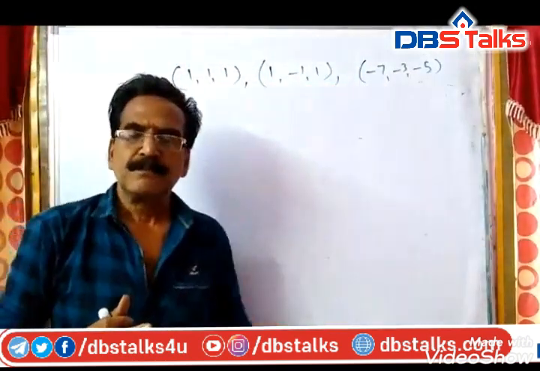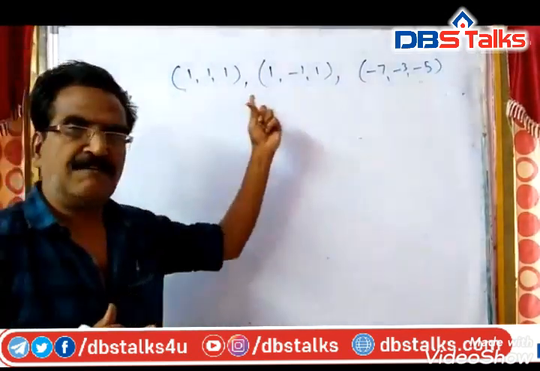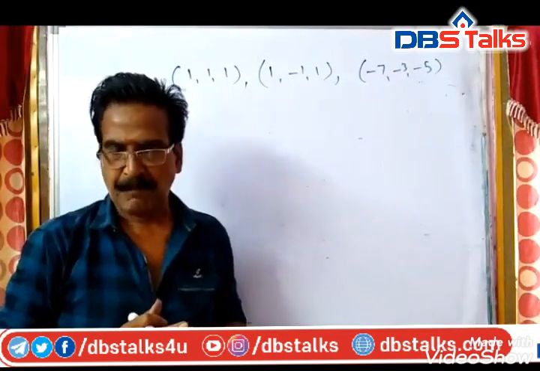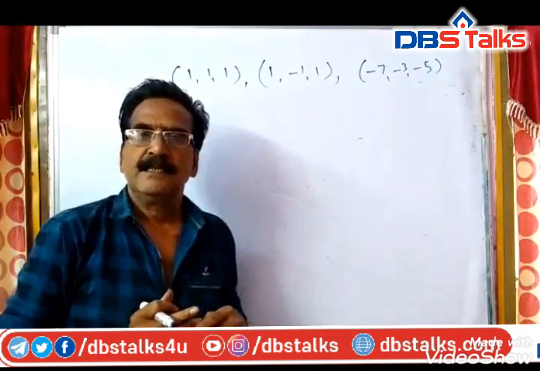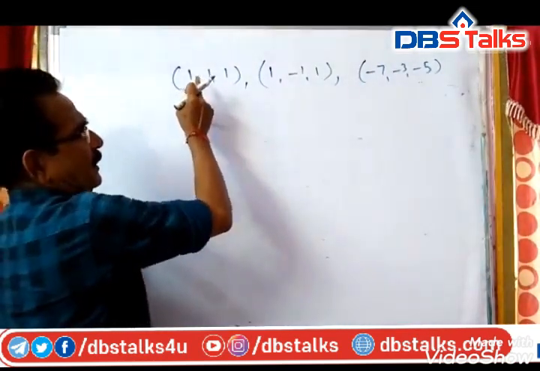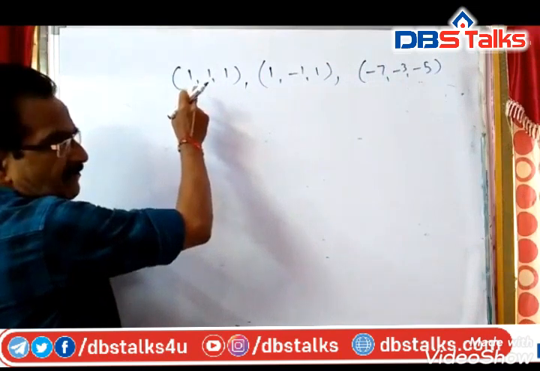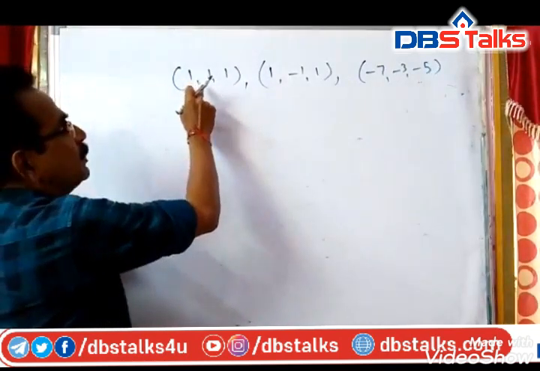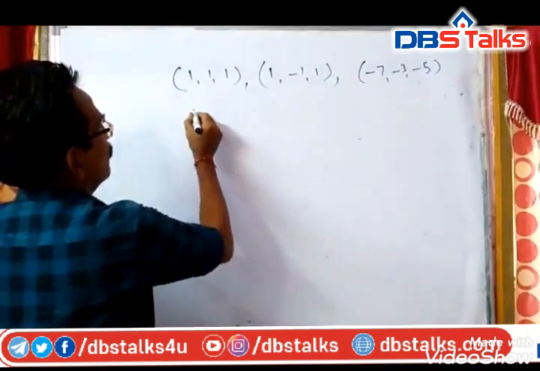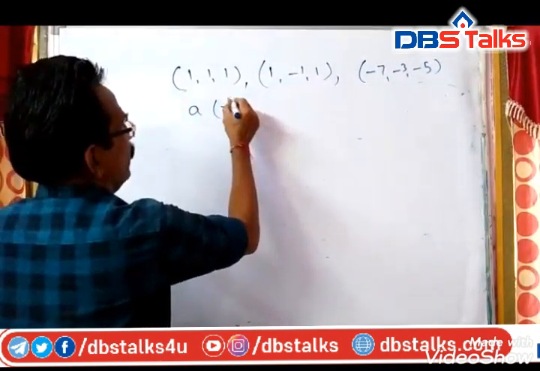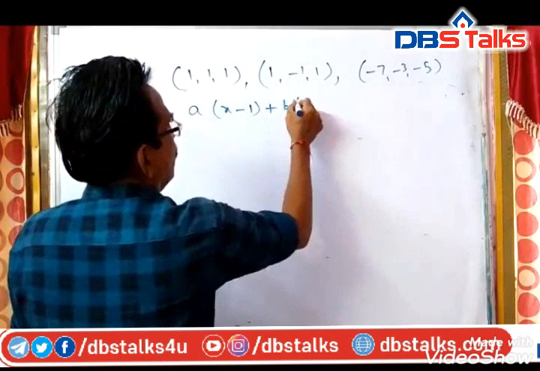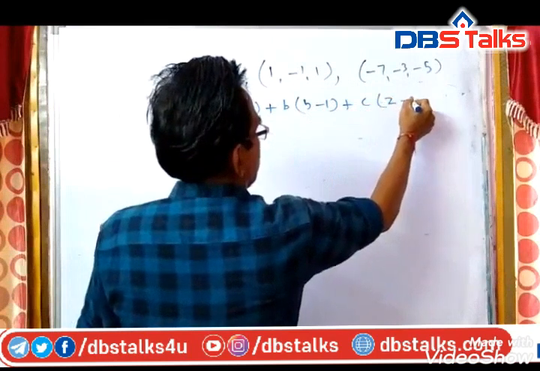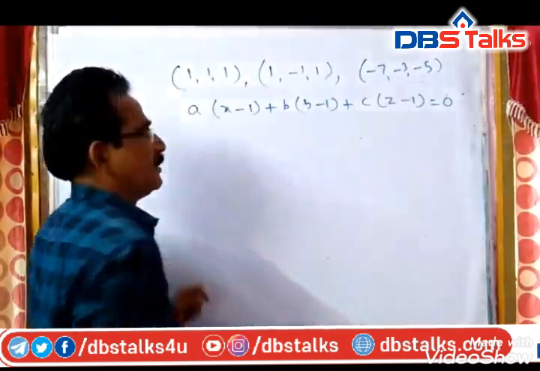Friends, we know how to find the equation of the plane through 3 given points. Right, friends? So first let us assume that the equation of the plane passing through (1, 1, 1) is a into (x minus 1) plus b into (y minus 1) plus c into (z minus 1) is equal to 0.